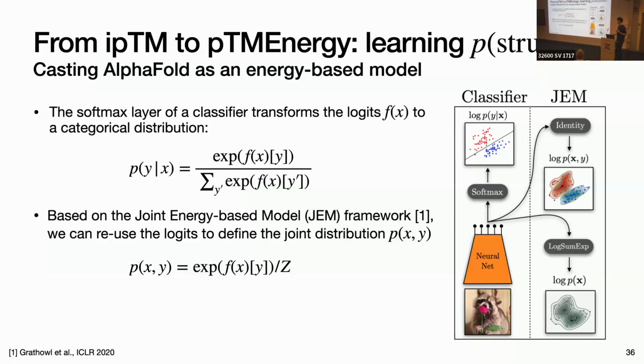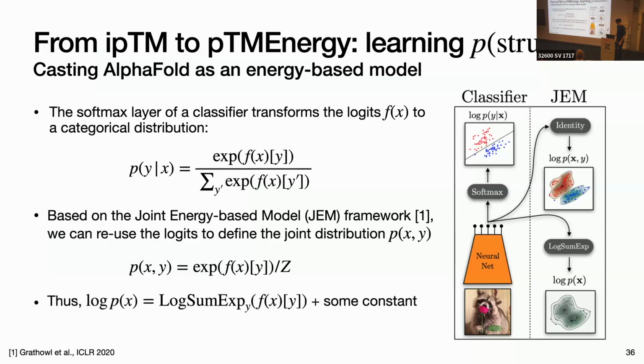Here it is normalizing across y, but if you choose to normalize across x, then you get log p(x) equals log sum exp of the logits summed over all the classes, plus some constant.